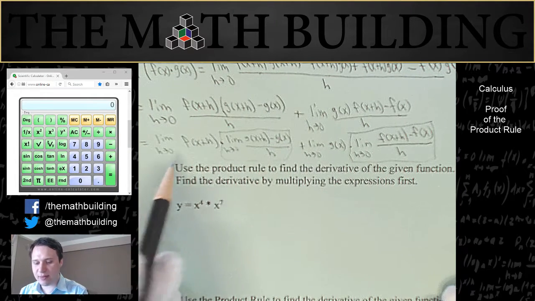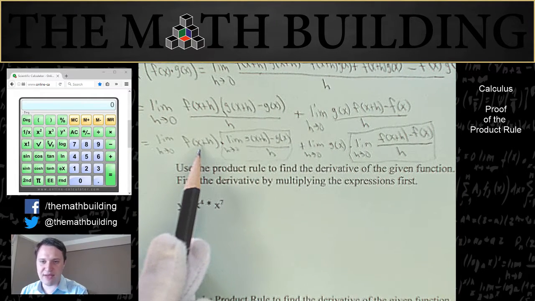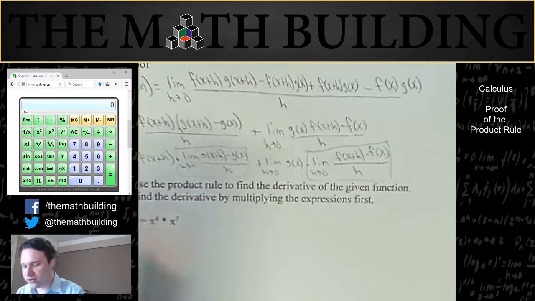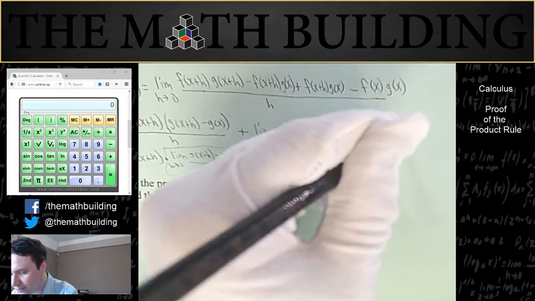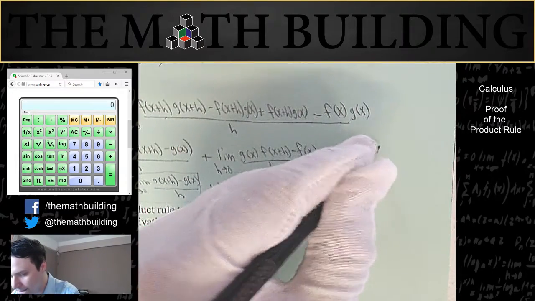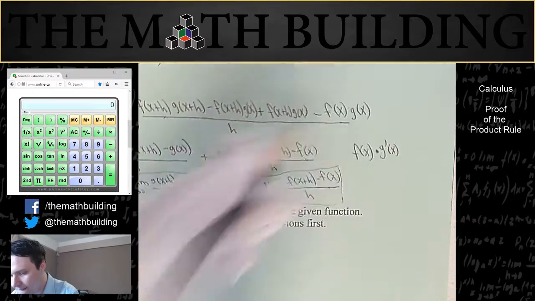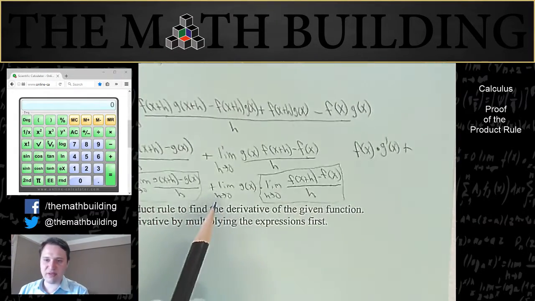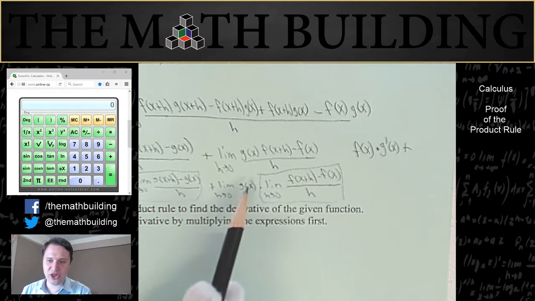And so what is the limit as h goes to 0 of f of x plus h? Well, h goes to 0, so that's going to be just f of x times the derivative of g, plus, what's the limit as h goes to 0 of g of x?